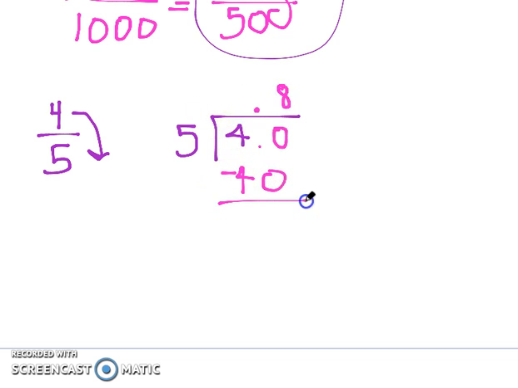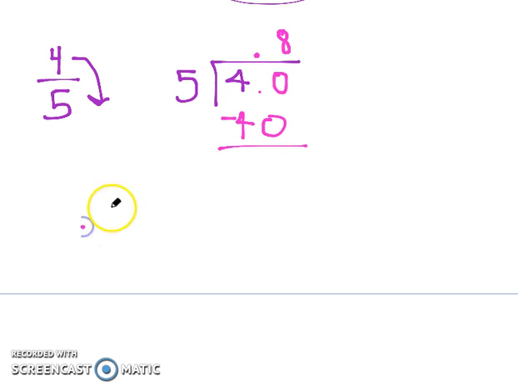The difference is 0. Our decimal is 0.8. Well, 0.8 as a percent, we remember to multiply by 100. Move the decimal over twice. Remember, there's an infinite amount of zeros. So we have 80%.